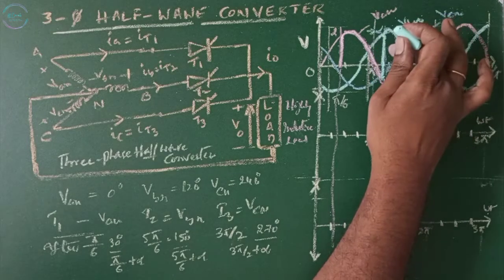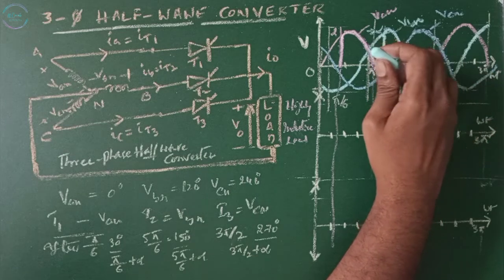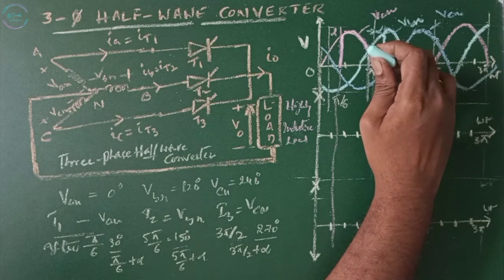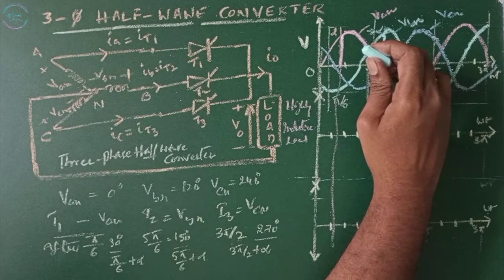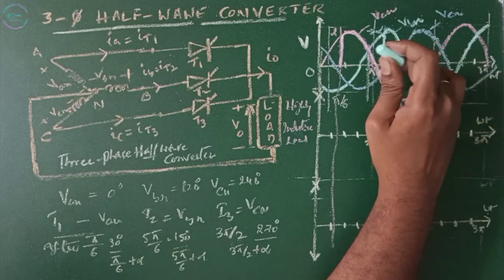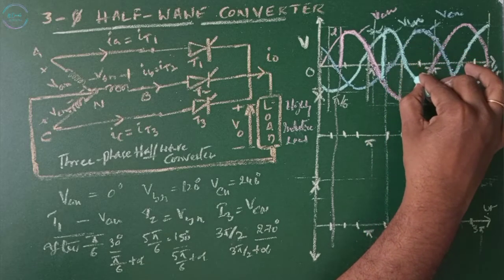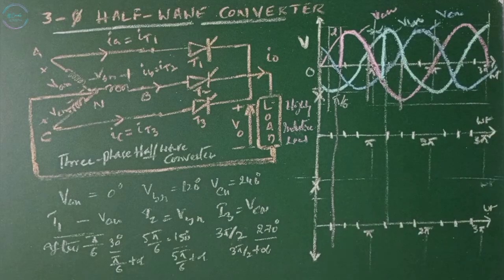When T2 is turned on, across T1 there is negative voltage, and due to the inductor that negative peak comes, but due to the negative voltage, T1 is going to commutate and turn off. That is known as line commutation. Then T2 will continue on the negative until T3 is turned on.